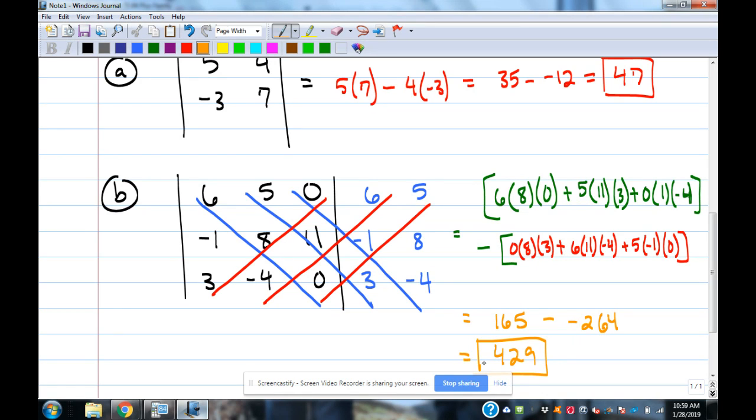Now, that's one method for doing 3x3s. 4x4s, that method doesn't work anymore. 5x5s, that method doesn't work anymore. That only works for 3x3s. So anything bigger than a 2x2, I tend to suggest doing them with the calculator. Just because, look at how many operations that was.